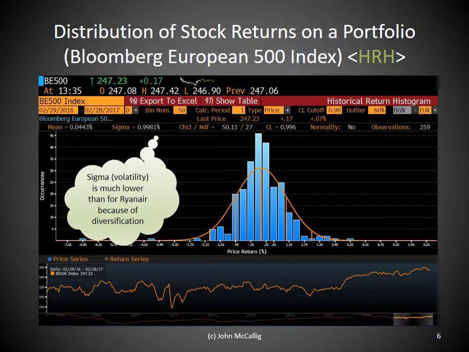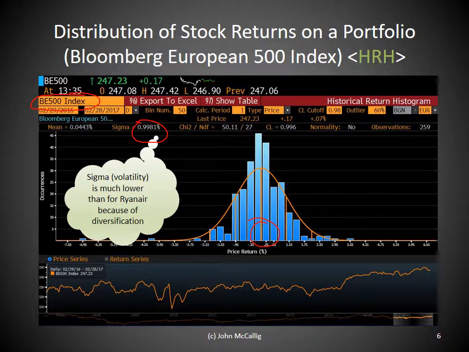If we now go and look at the same graph, but this time for the whole index, the Bloomberg European 500 index, you can see you get the same kind of graph, but there are less extremes, and it is more concentrated in the center here. And sigma is reduced to about 1% from 2 point something percent.